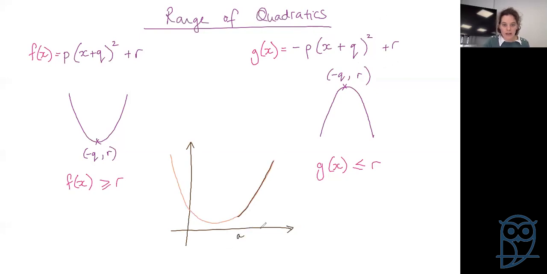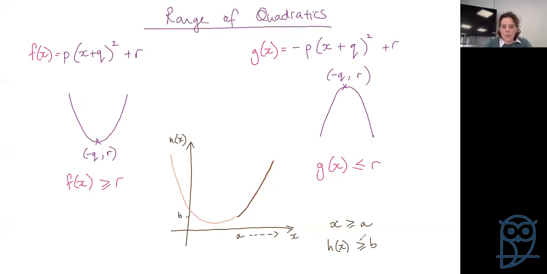Okay, so let's call that A. So we're only looking for this piece here, where x is greater than or equal to A. Now, you're going to have a different one, because now we're not at that vertex anymore, okay? Now we are at the point B. How do you get B, okay? Let's call this one h(x). So we know that h(x) is greater than or equal to B.